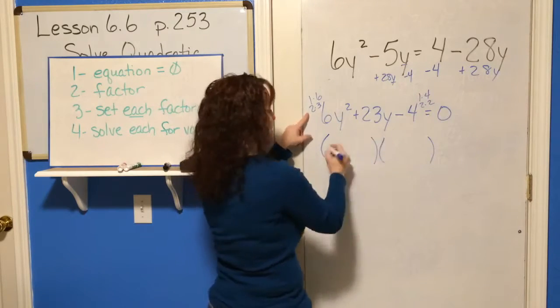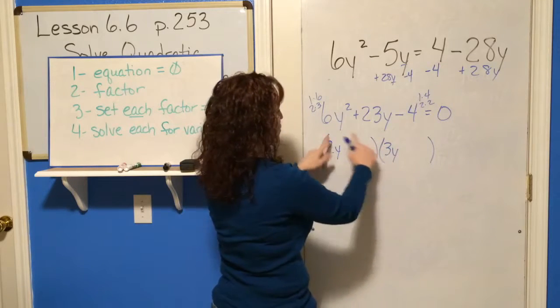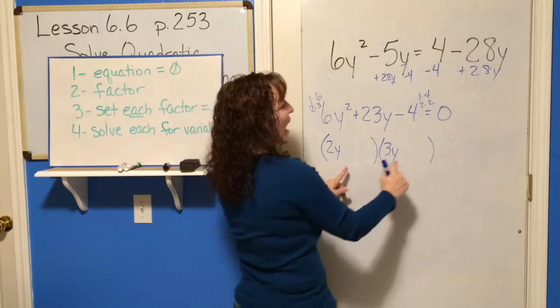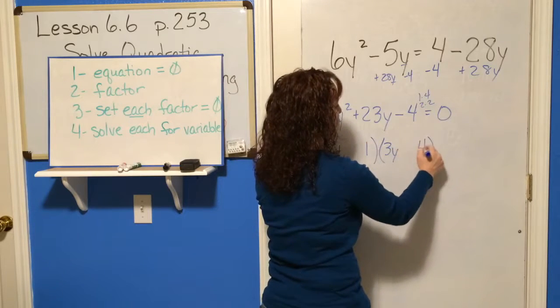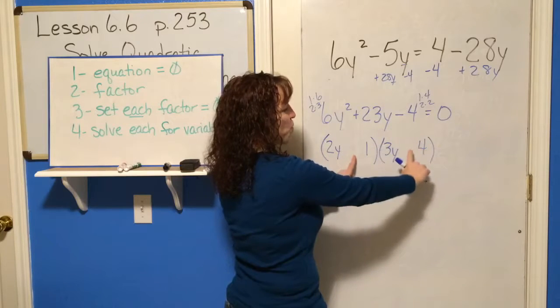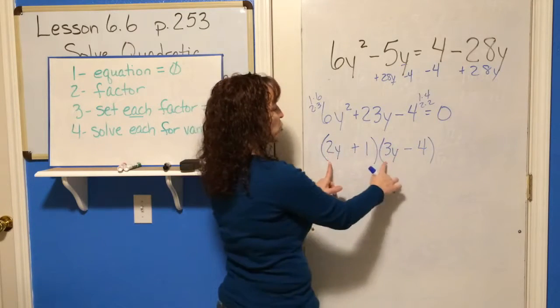And we're just guessing, and that's okay. So 2y times 3y. 2 times 3 is 6, and y times y is y squared. So far, so good. And let's take 1 and 4. So we're going to take 1 times 4. And this is negative. So 1 is going to be positive and 1 is negative. So we've already checked our first terms and our last terms.